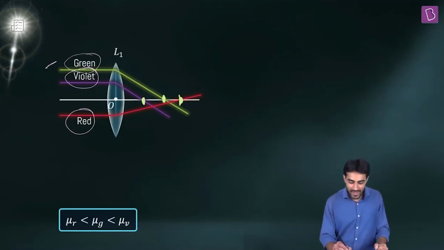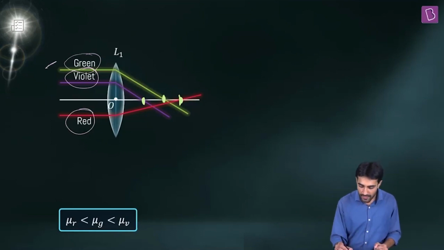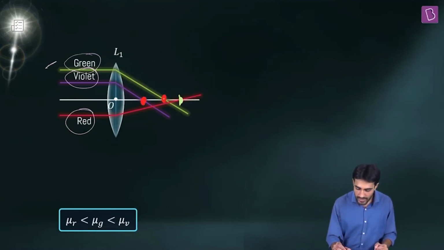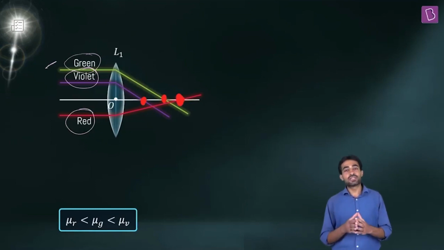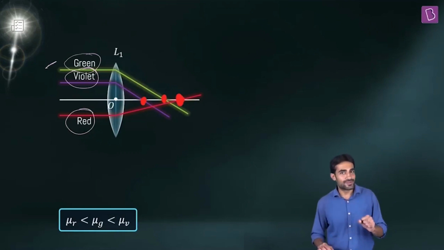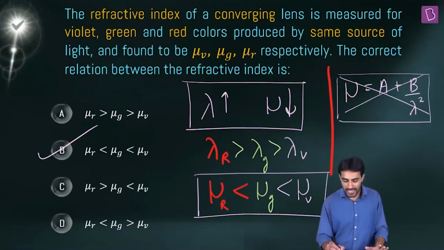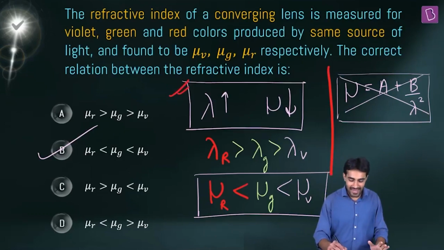You can see violet color suffers the most refraction, and here we have the focus for violet color, then we have focus for green color, and then at last we have focus for red color. So the converging nature for different colors is different, and the only thing I want you to take away from this question is if lambda increases, refractive index decreases. Just remember that, and option B is the right answer for our question.